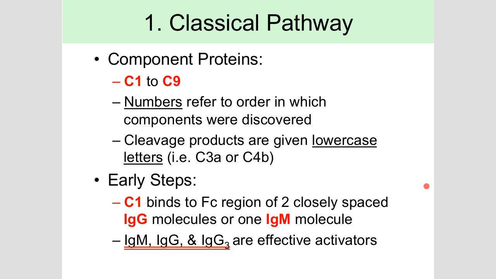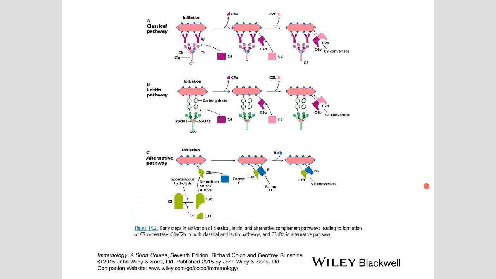But in terms of activation, IgM and IgG, especially IgG3, are very effective activators of the classical pathway as compared to any other one, because type 2 or type 3, especially lectin, MBL, or alternative, don't take the route for antibodies. So if you have deficiencies for these two antibodies, you have a problem with the classical pathway. Okay, now let's take them in a little bit of detail.